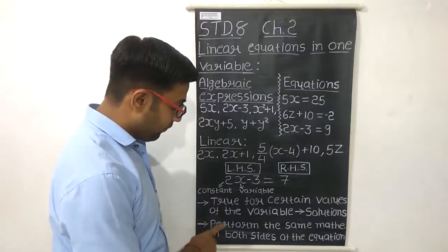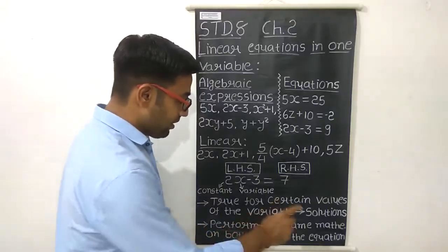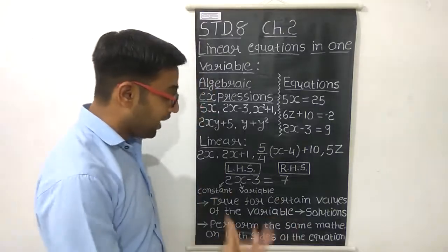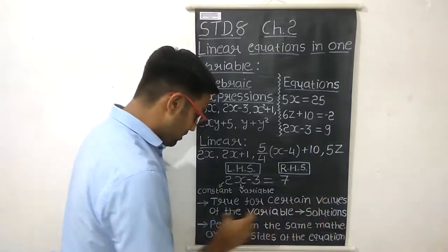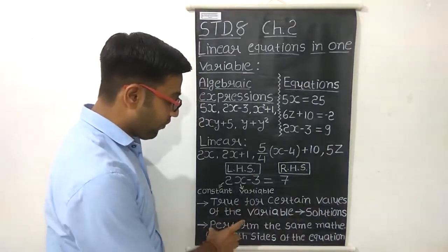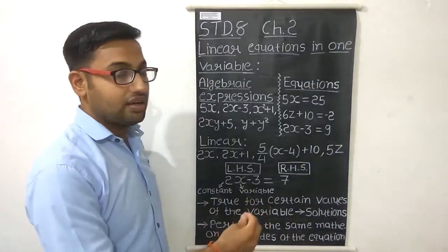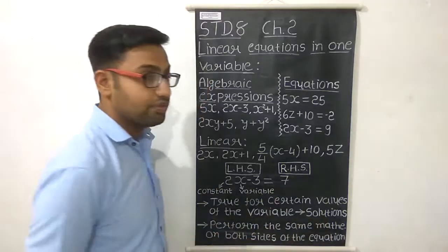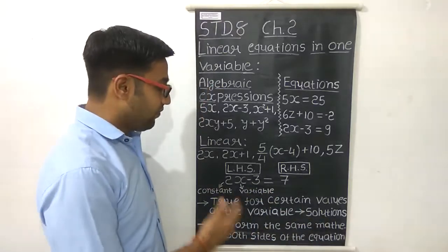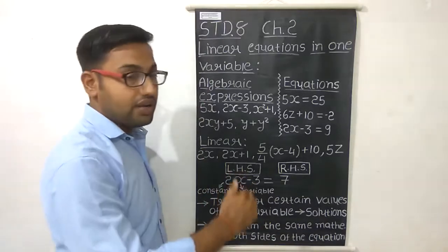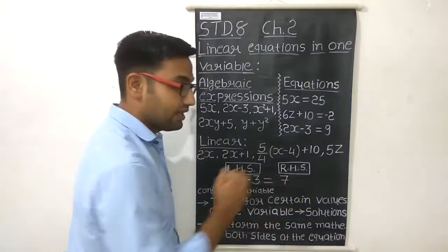To find that particular value of the variable, we have to perform the same mathematical operation on both sides of the equation. That means if we add some value to the left hand side, we have to add the same value to the right hand side.